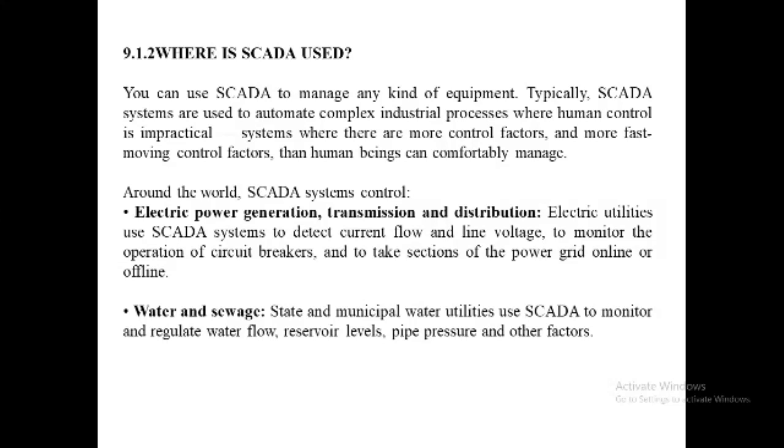Second, the remote telemetry units, that is RTUs. These are small computerized units deployed in the field at specific sites and locations. RTUs serve as a local connection point for gathering reports from sensors and delivering commands to the control relays. Third, the SCADA master unit.